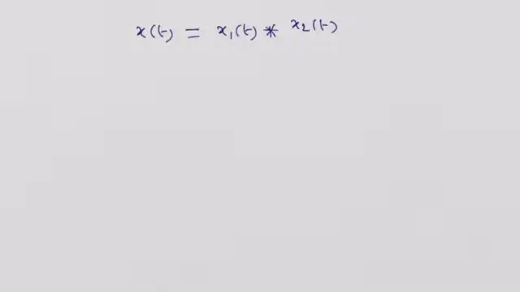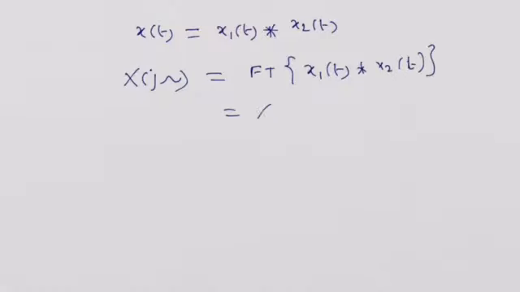Assuming that, if I apply the Fourier transform on both sides, X of j omega is the result. If I apply the Fourier transform on the result of convolution, according to the property, it was written as X1 of j omega multiplied with X2 of j omega, isn't it?